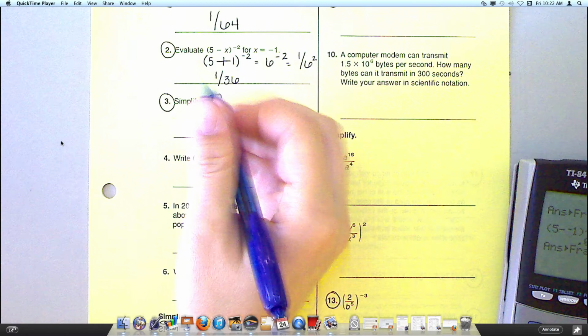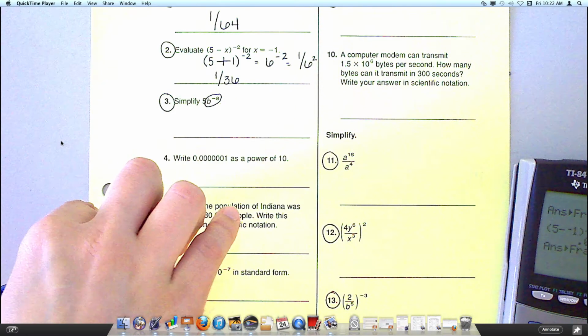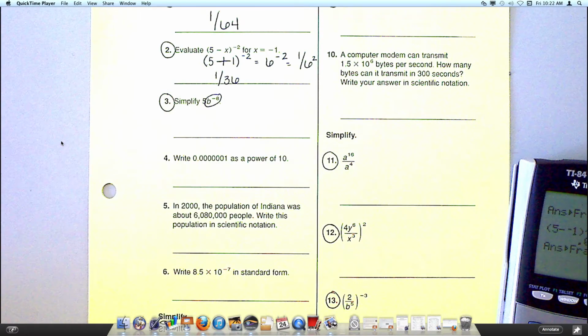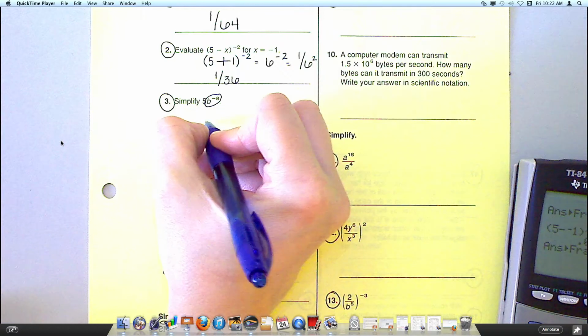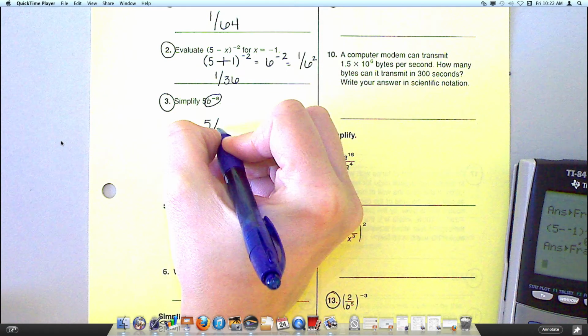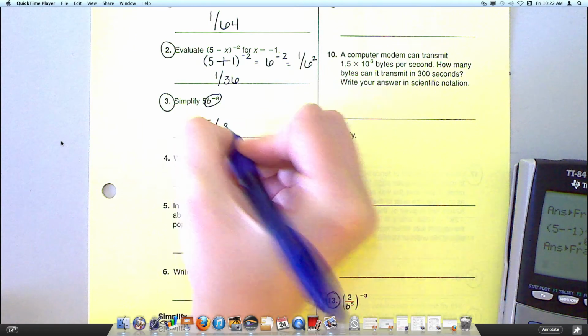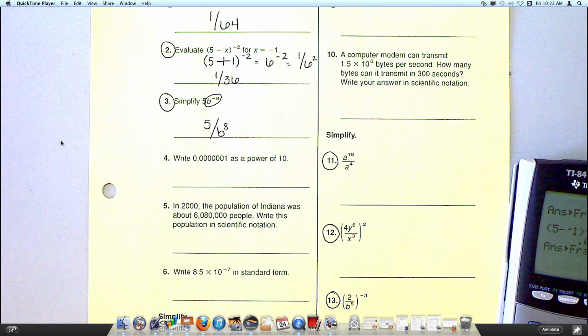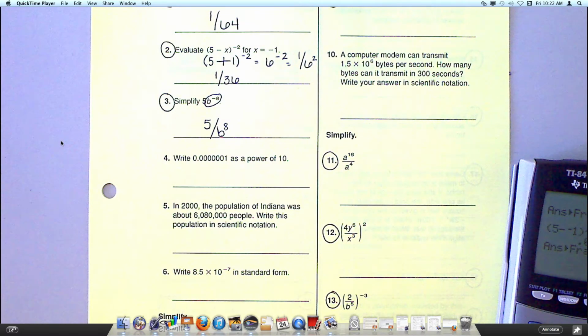It's going to make that b go down to the bottom, but the 5 is going to stay on the top. So this would become 5 over b, and then once I move the b to the bottom, it's not negative anymore. It would be 5 over b to the 8. But be careful that you don't put the 5 on the bottom also, because that negative 8 is only attached to the b. Are you good there?